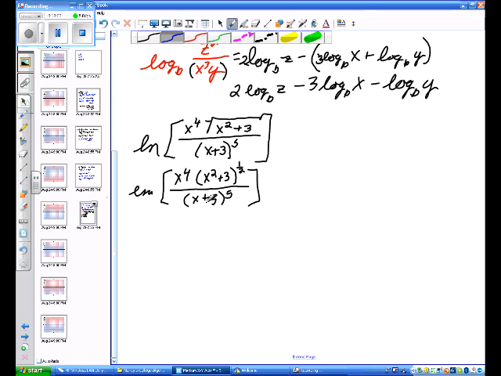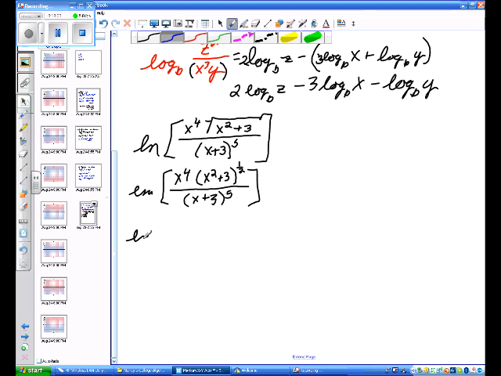Now we cannot remove these parentheses around the x plus 3 because all of that's being raised to the 5th power. We can't remove it around the x squared plus 3 because all of that we're taking the square root of. So when we expand this, we've got a product in our numerator, and then we do the division.